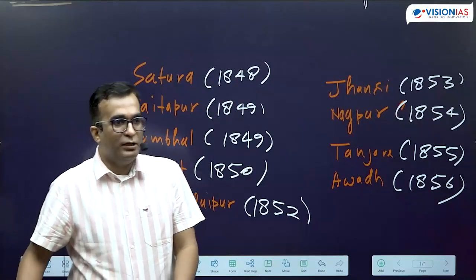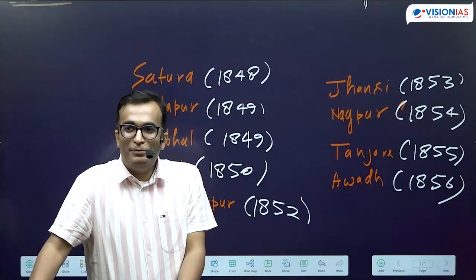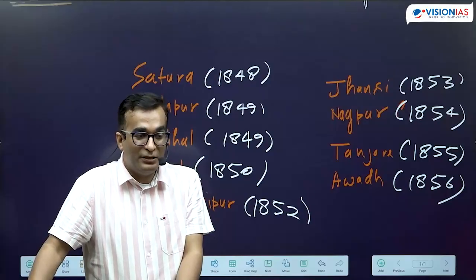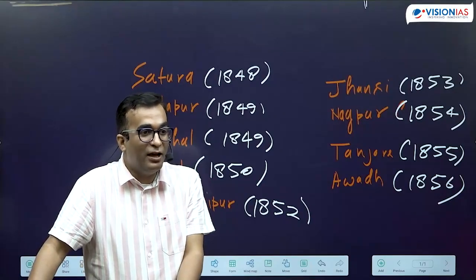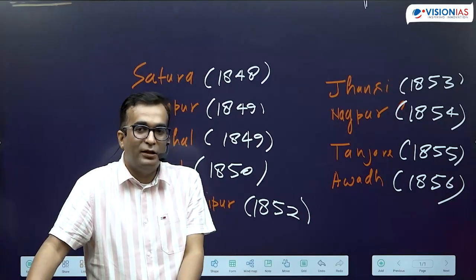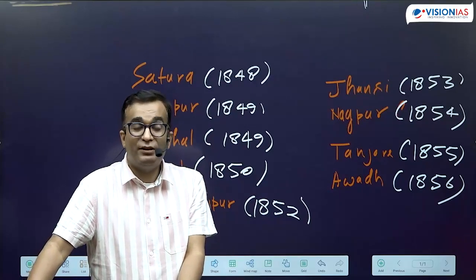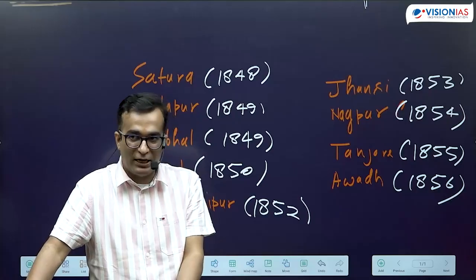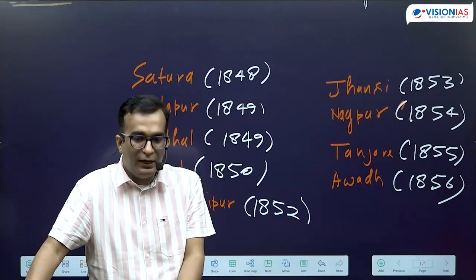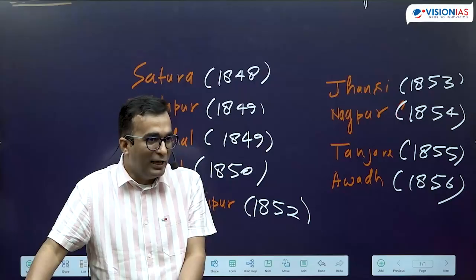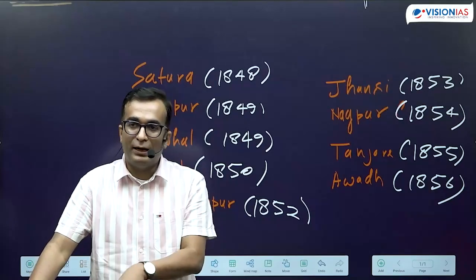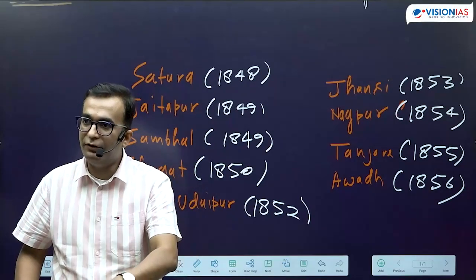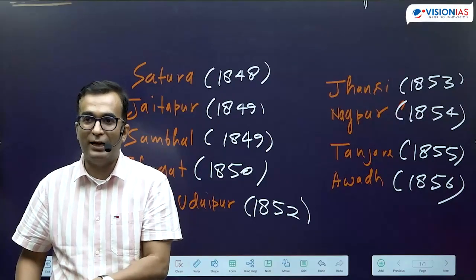In fact, barbaric deeds were there from both sides, from the Indian side and from the British side. So there are a few facts which I'll be sharing with you, and this is what we call the practical presentation of the facts which were there at that point of time.